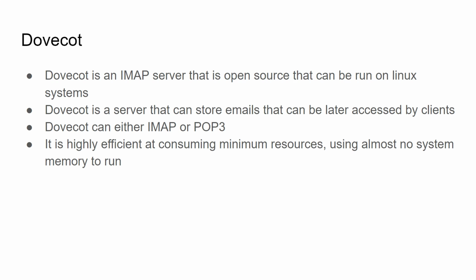Dovecot allows for emails to be sent and received by using a mail user agent. Examples of MUAs are things such as Microsoft Outlook or Mozilla Thunderbird.